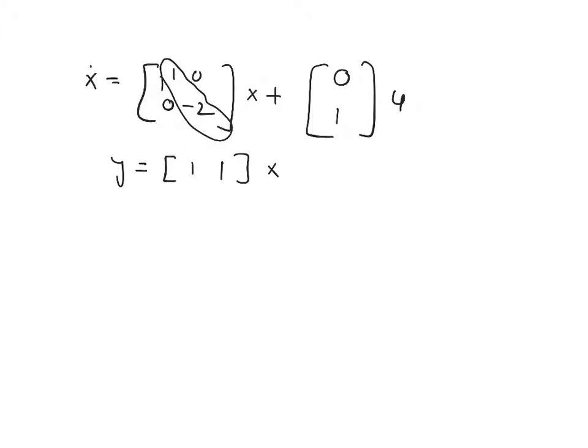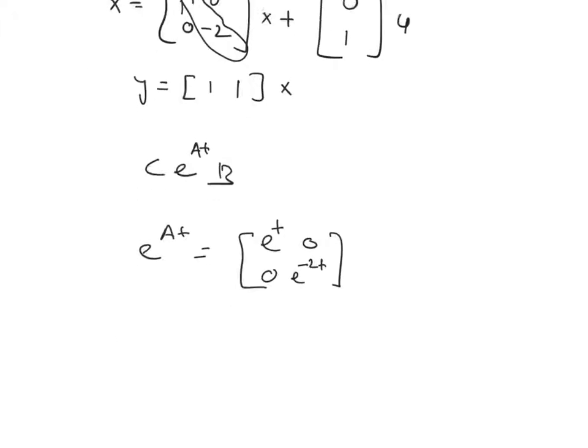So that means first I have to find, the objective is to find C e to the power At into B. That's what I want to find, right? So first I will need e to the power At. e to the power At is simple because it's a diagonal matrix. So e to the power At is [e^t 0; 0 e^(-2t)]. That's good.